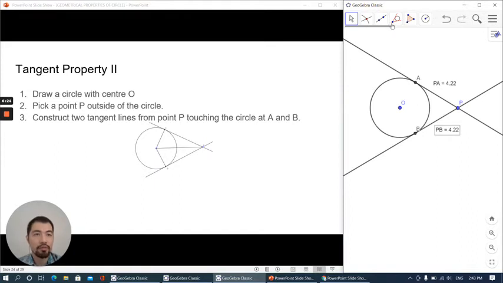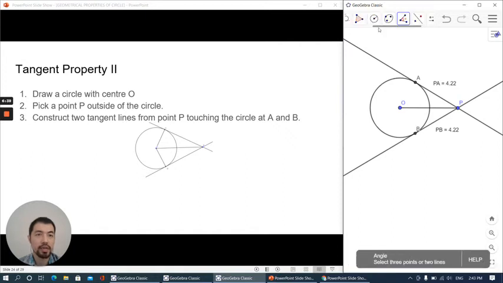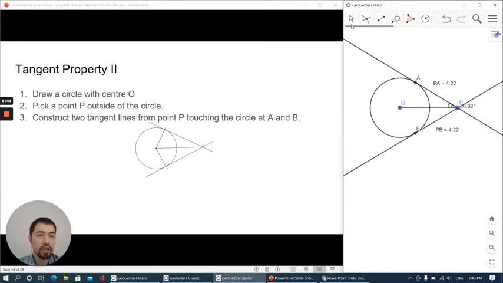Now, how about if I draw a line here? And then what can you say about the angle? Should we look at the angle? So let's check the angle. APO is 30.92. Let's put it here so it's clear.